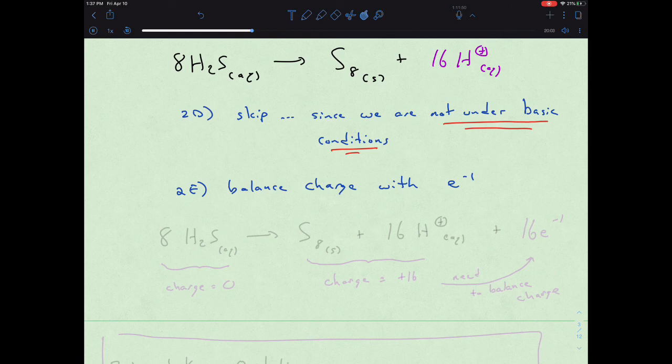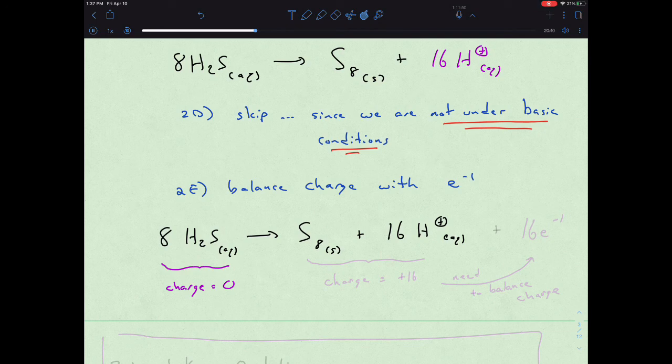So if we rewrite our reaction at the top there, we have our sulfurous acid producing our solid sulfur and 16 protons. And if we look at our charge, we have a charge equal to 0 on our starting material side.